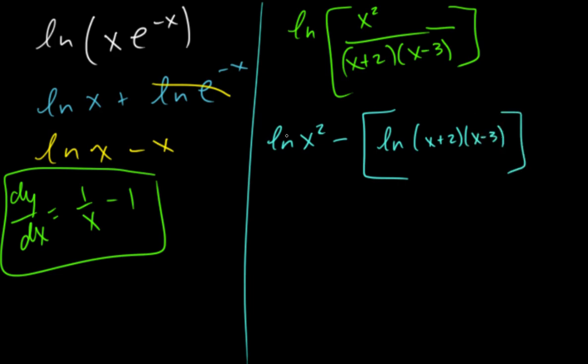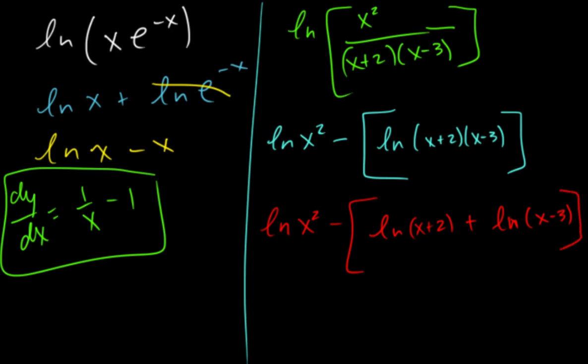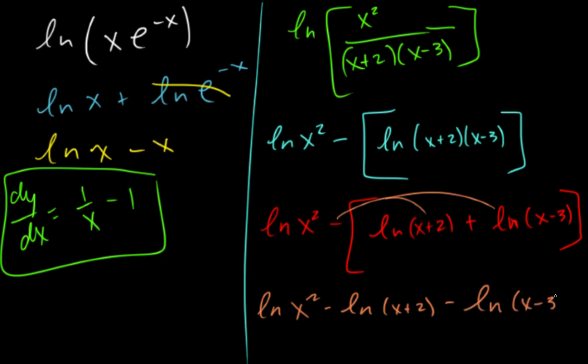We can use our log rules because division is subtraction. Now if we break this one up, we can write it as natural log of x plus 2 plus natural log of x minus 3. And if we just distribute that negative, we get natural log x squared minus natural log x plus 2 minus natural log x minus 3.